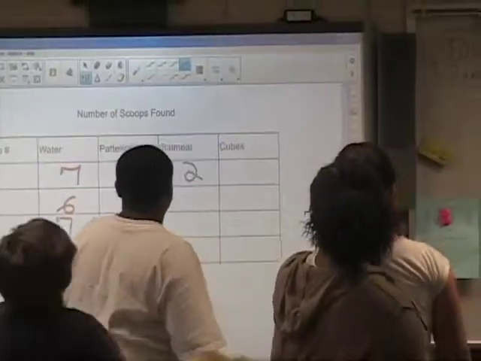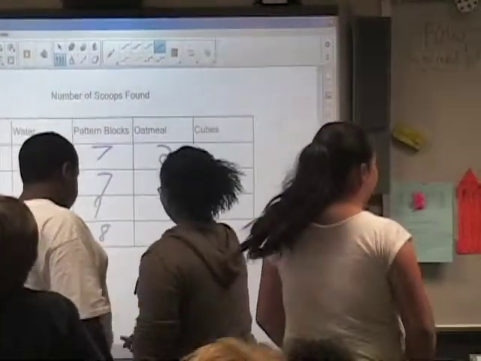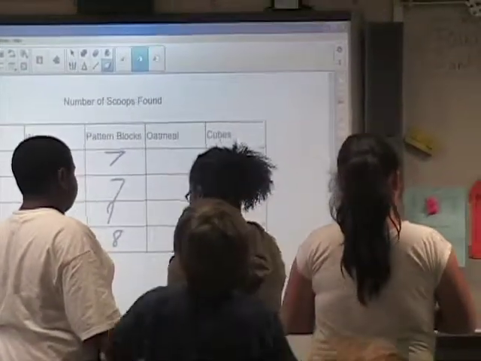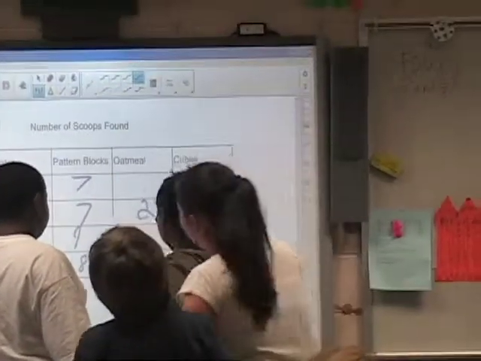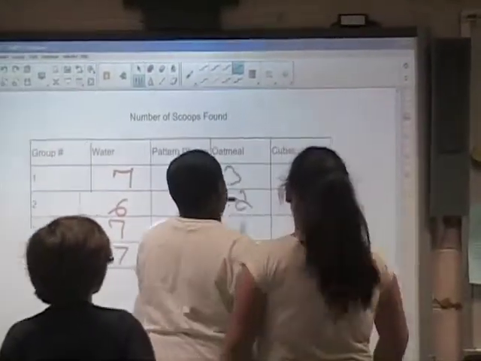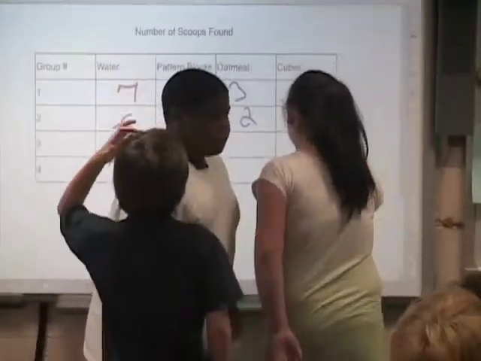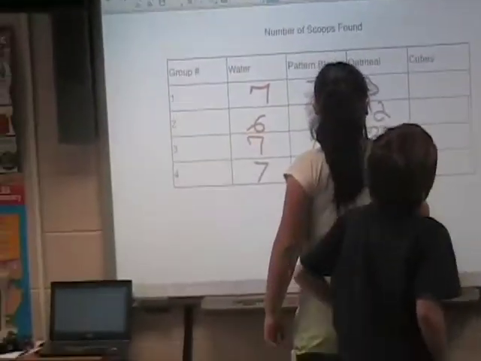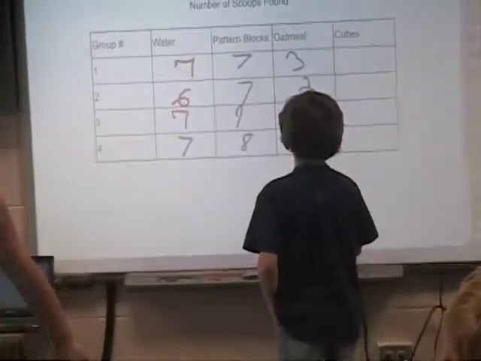You decide. Which one? Talk about it. Which one is easier for us to do to continue? And we'll talk about it as well. All right, cubes.